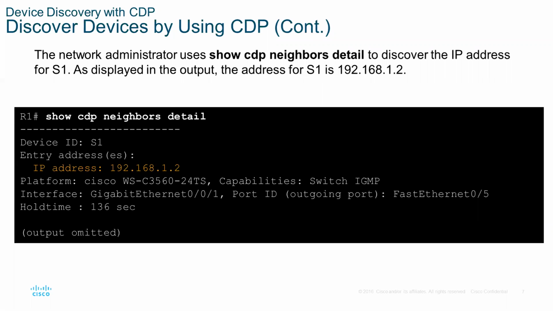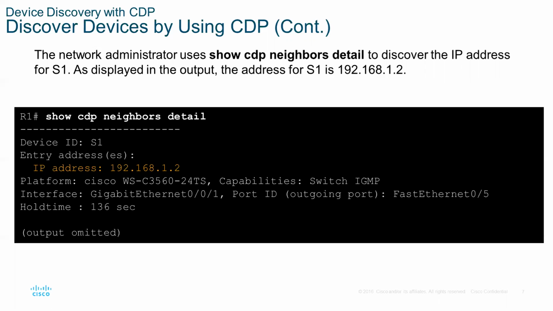Now, if we put the detail command on the end of that, we now get the IP address and a more expanded view of the platform. It tells us a 24 port platform.